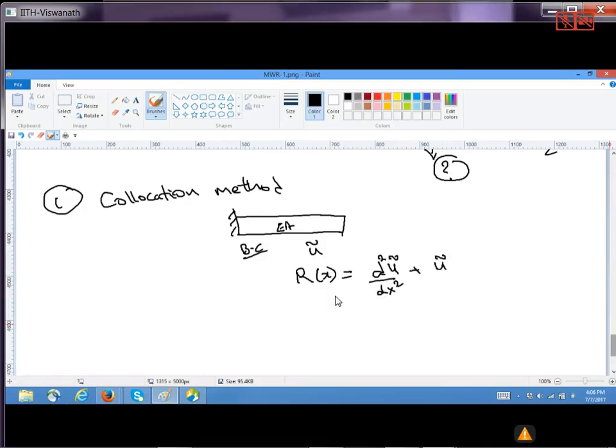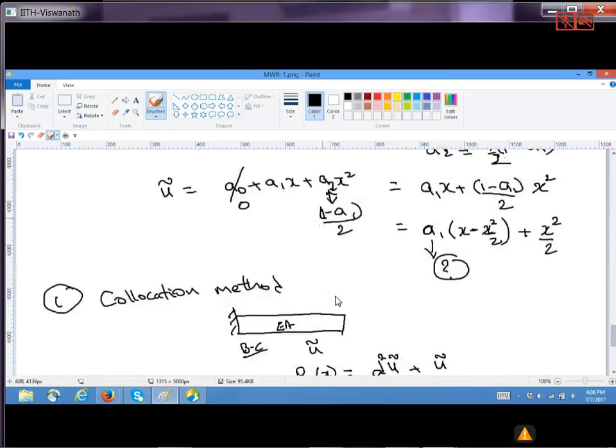So if u tilde is this one, du tilde by dx is equal to a1 times 1 minus x plus x, and d square u tilde by dx square is equal to minus a1 plus 1.